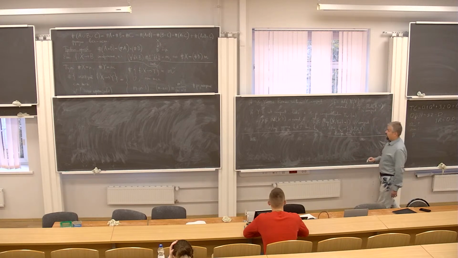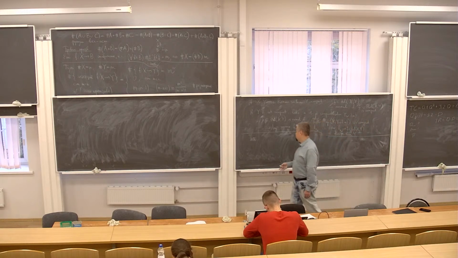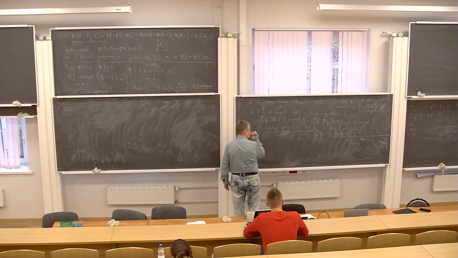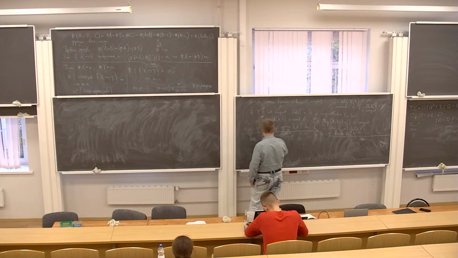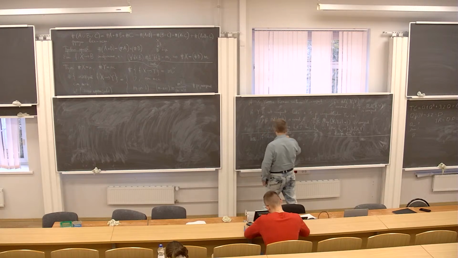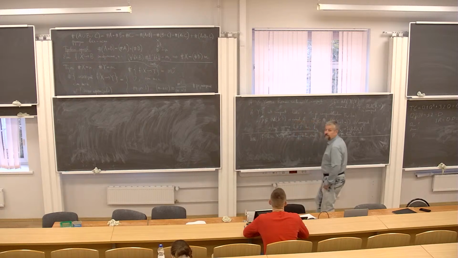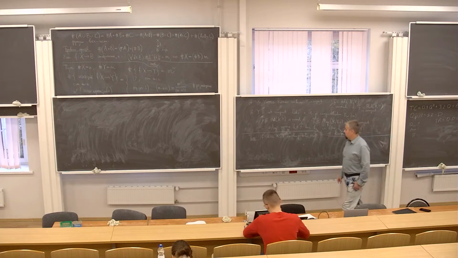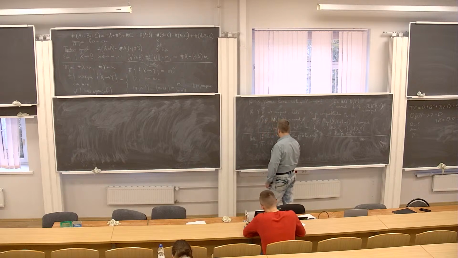Now, to explain why the hyperbolic case is uninteresting, let me quote the theorem. The theorem is that if both x and y are hyperbolic, then any family is normal.